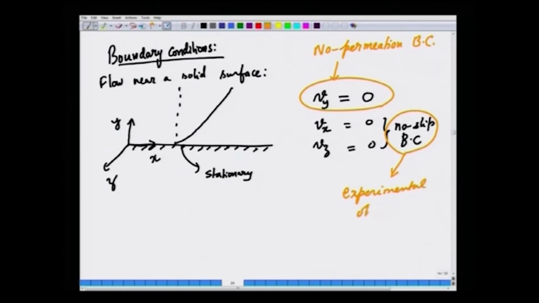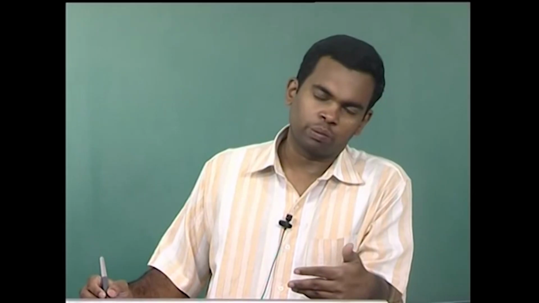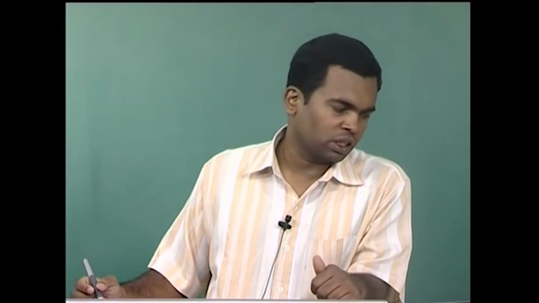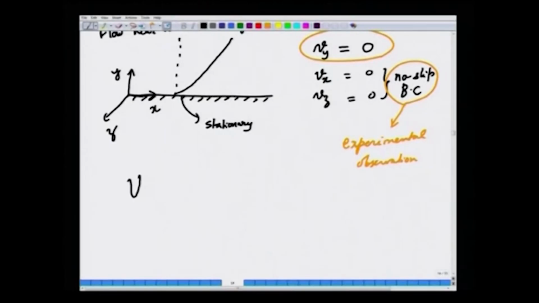This is merely an experimental observation. It turns out that most fluids, when they flow past a solid surface, obey this condition. It cannot be proved rigorously, whereas the other is merely a statement of mass conservation, that if there is no fluid flow into the solid boundary, then the normal component of the velocity is 0. So, essentially what we are saying is that when you have flow past a wall, the velocity vector of the fluid at a solid boundary is equal to the velocity of the solid.